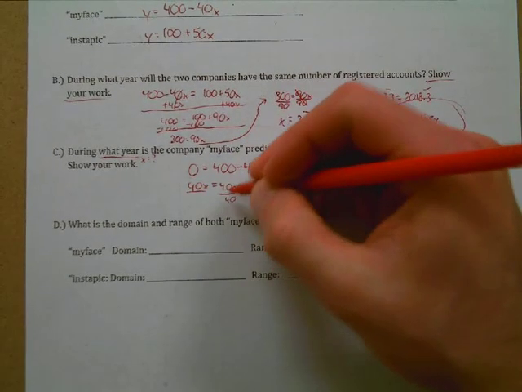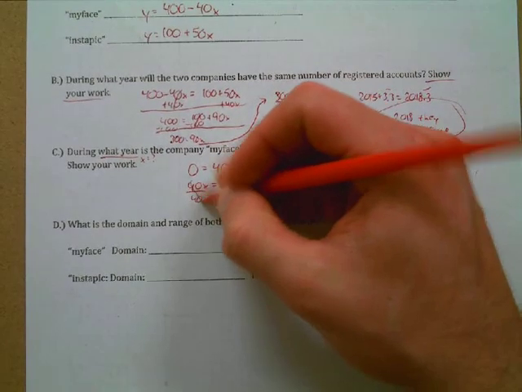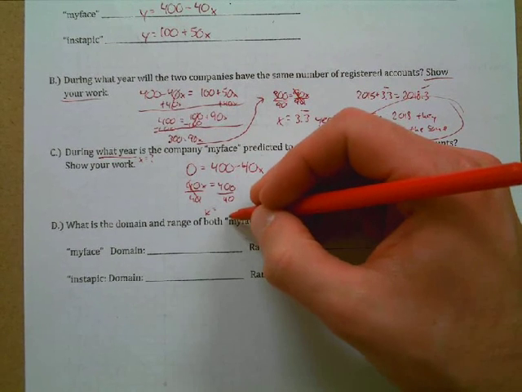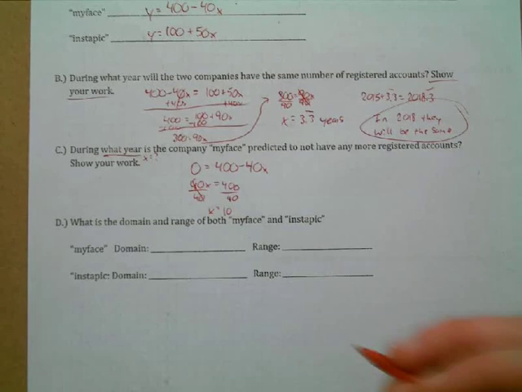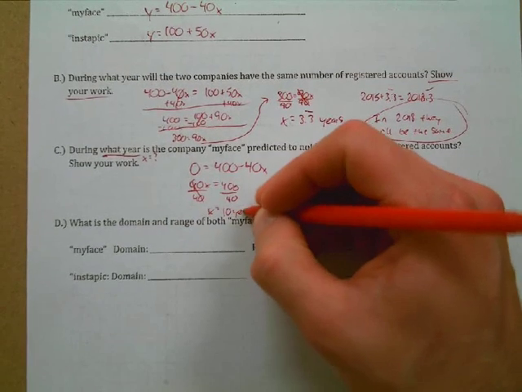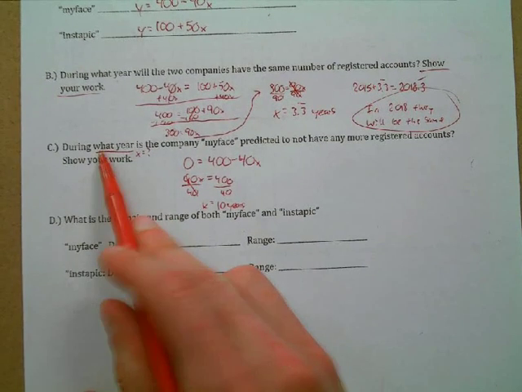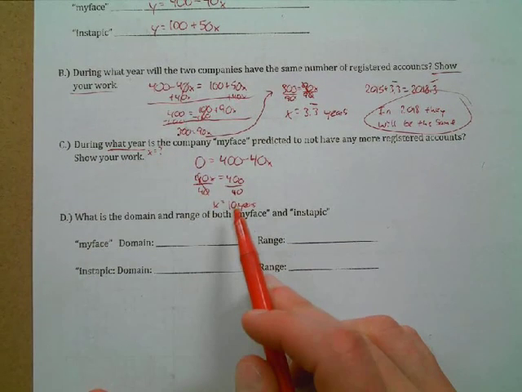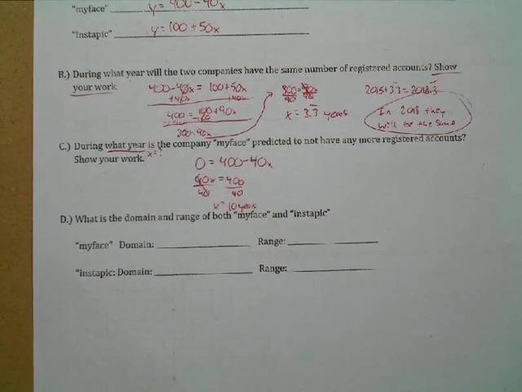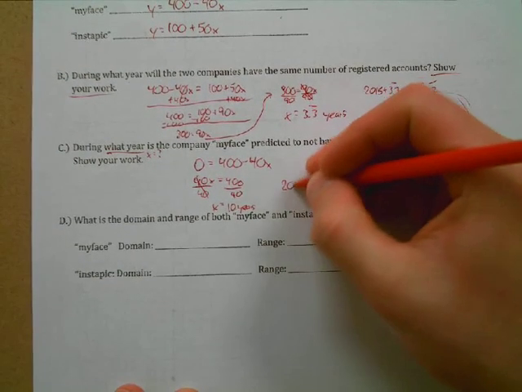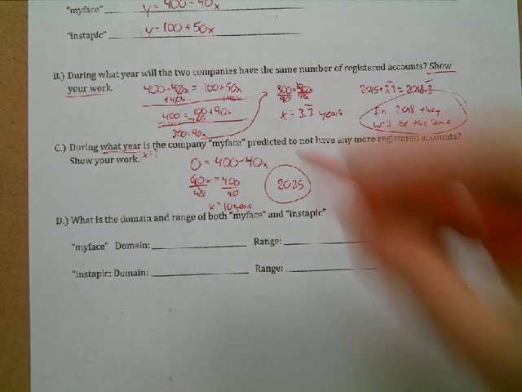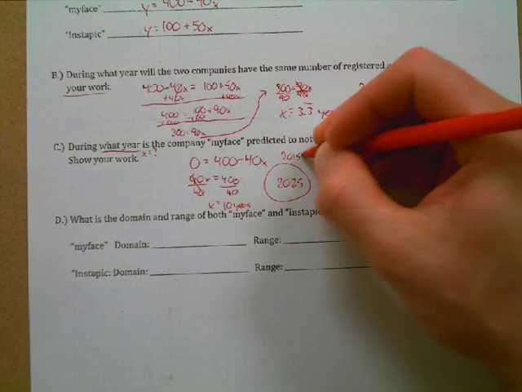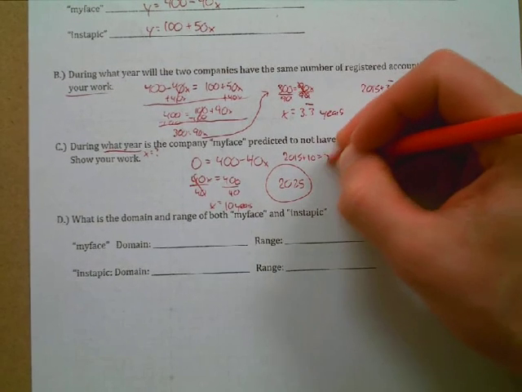You got it. So you get x, well, that's going to be 10, right? So 10 years, but remember it says during what year? So 10 is the number of years. What year will we be in? 2025. Okay? Because again, it's 2015 plus 10, so 2025. Okay?